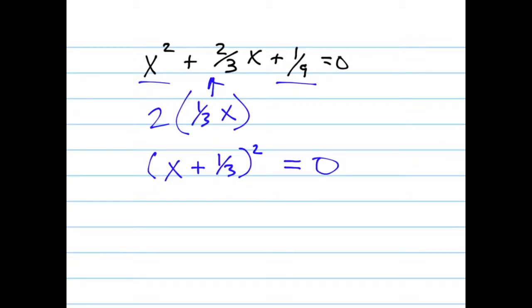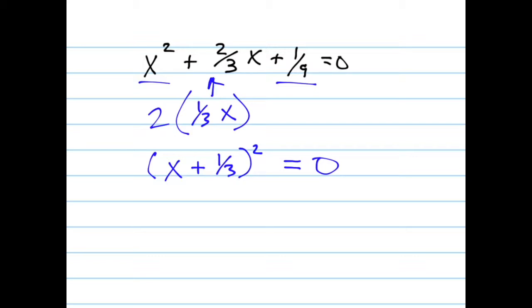Now we want to solve this equation. What can I do to solve this equation? You could split it and do x plus 1/3 times x plus 1/3 and use your zero product property.